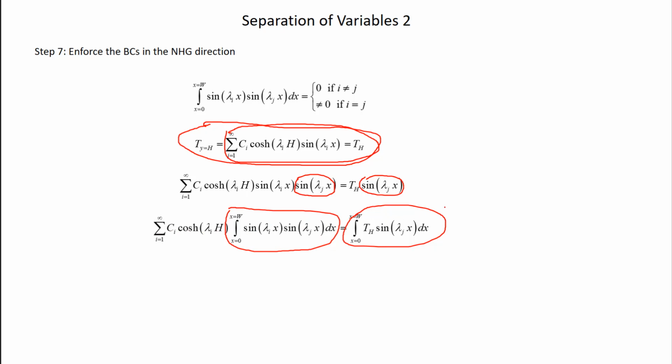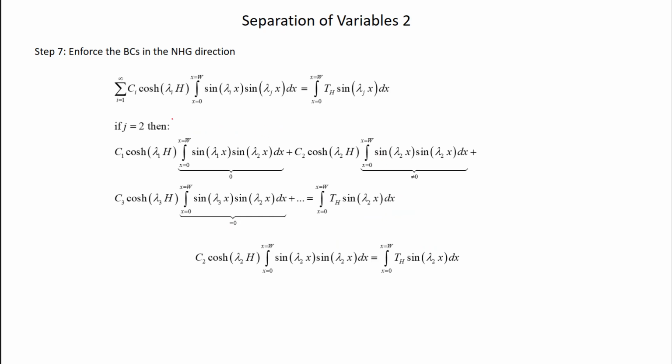If you want to see that more clearly, let's write this out for a specific case, where I'm multiplying by the second eigenfunction, sine of lambda 2 times x. The first term is c1 times cosh of lambda 1 times h, and then I have sine of lambda 1 times x times sine of lambda 2 times x dx.